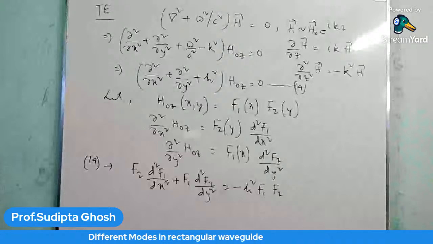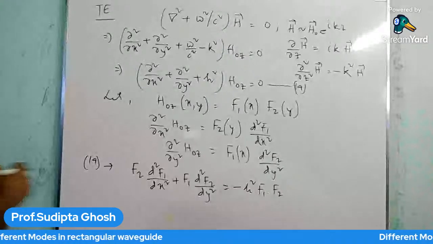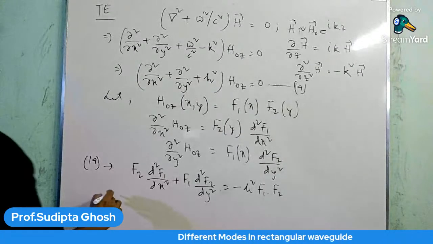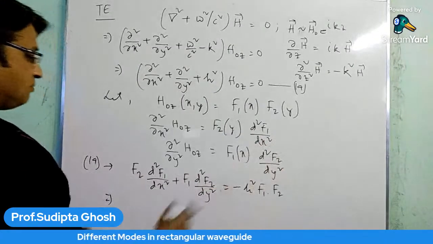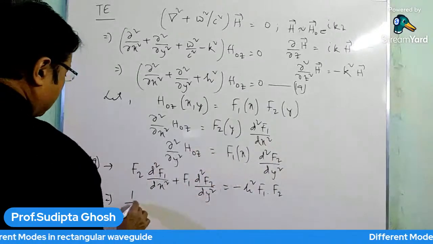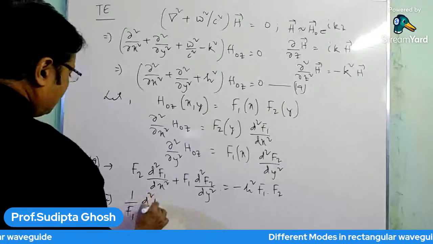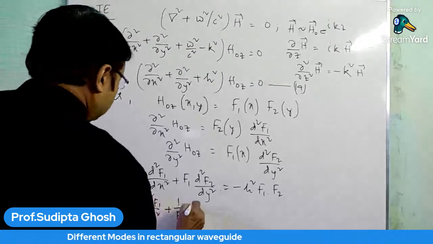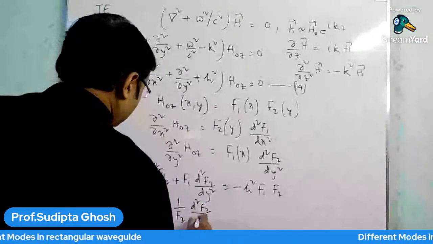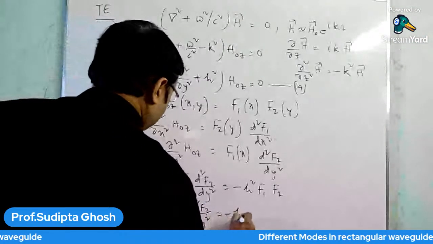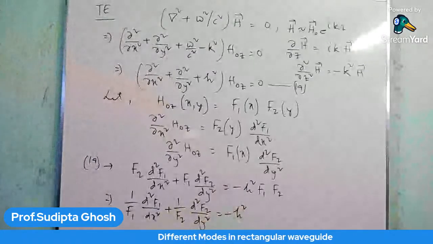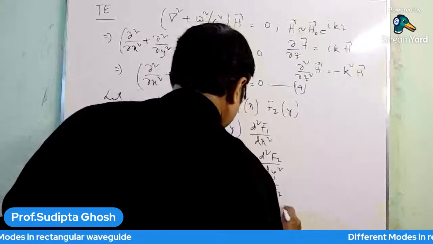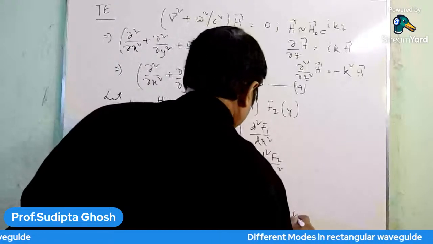Now, from the method of separation of variables, we divide this entire equation by the product of f1 and f2, as you already know. So we have 1 by f1 d2 f1 dx2 plus 1 by f2 d2 f2 dy2 equals minus h square. This is a constant, and we can write h square equals kx square plus ky square.